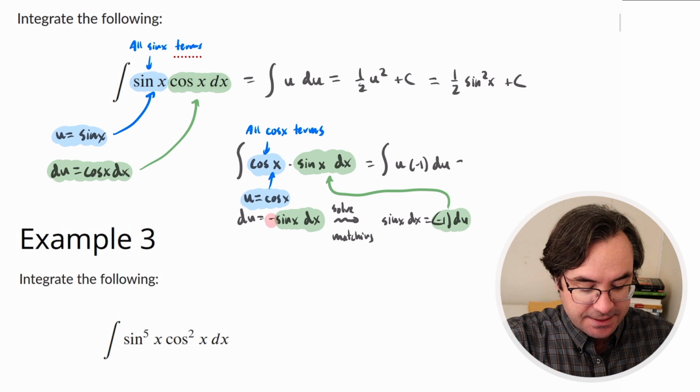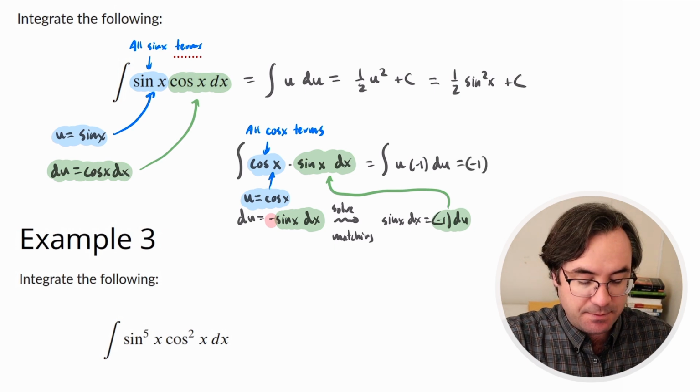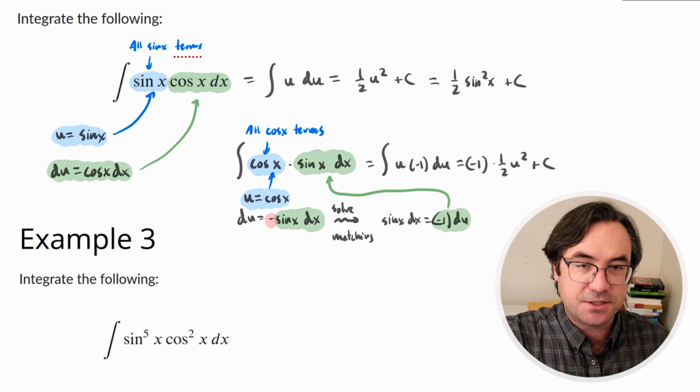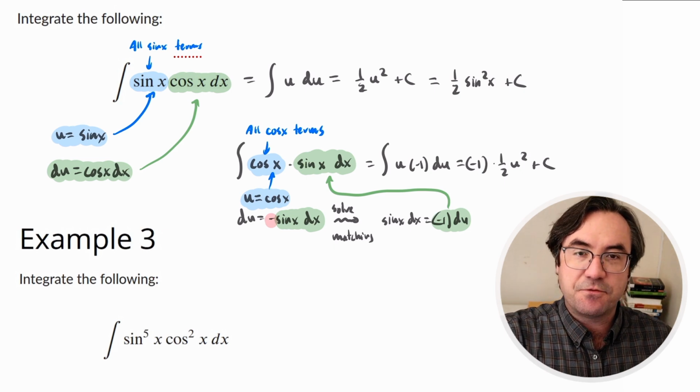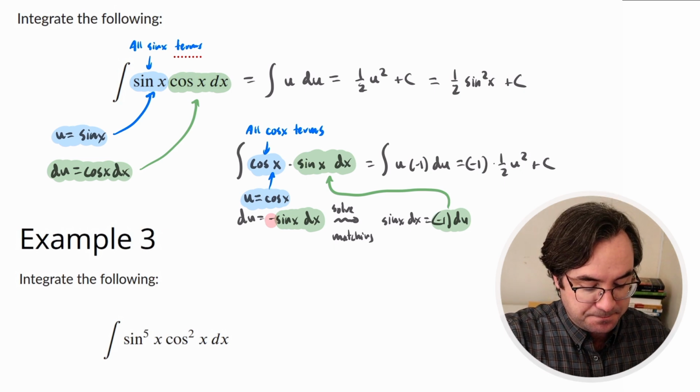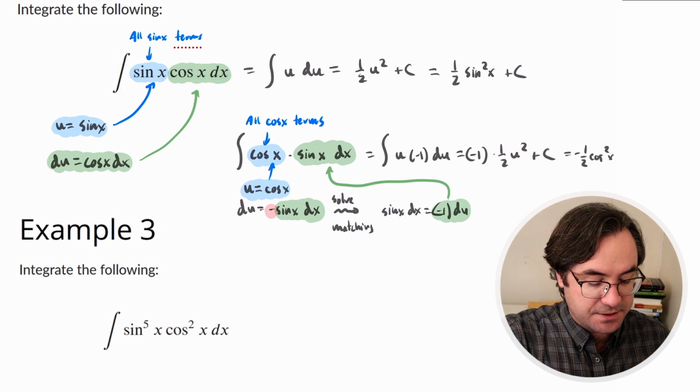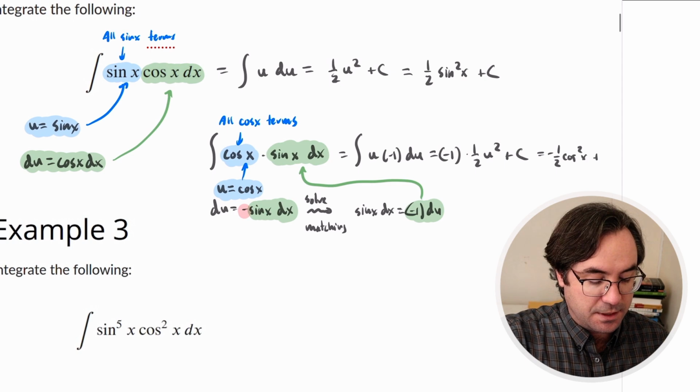And we get the antiderivative. The -1 is a constant multiple. Let's throw that in front. And then the antiderivative of the u is 1/2 u squared plus c. And then finally, we convert back to x. And we end up with -1/2 cosine squared x plus c.